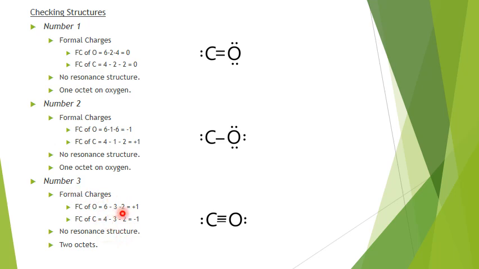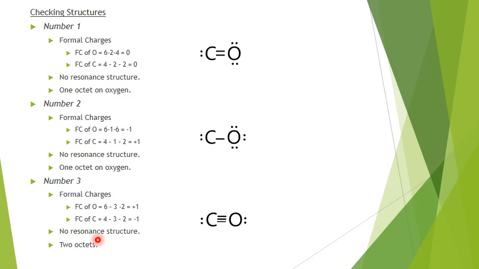Okay, number 3. It has a +1 on the oxygen. So 6 minus 3 minus 2 equals +1. Okay, and then carbon is 4 minus 3 minus 2 equals -1.